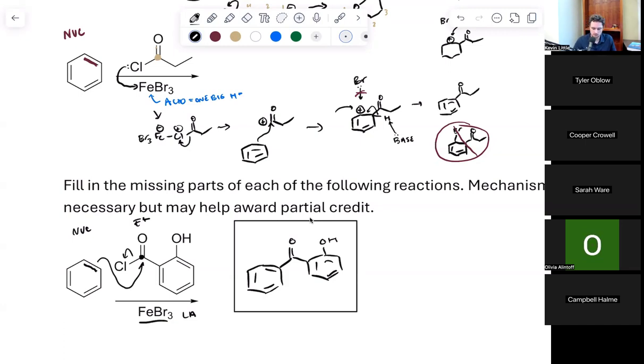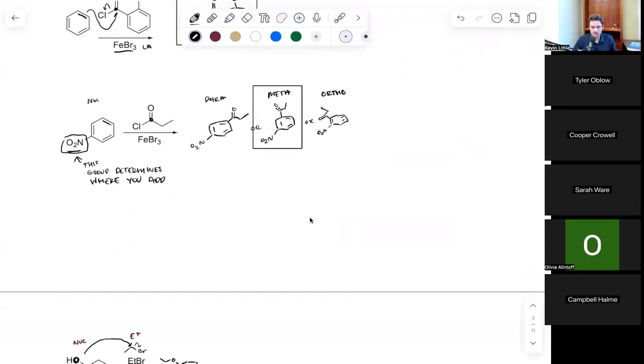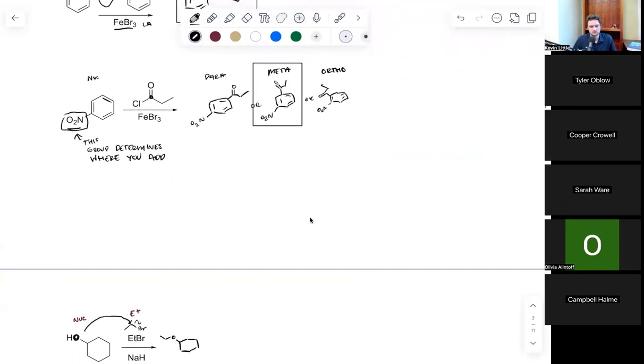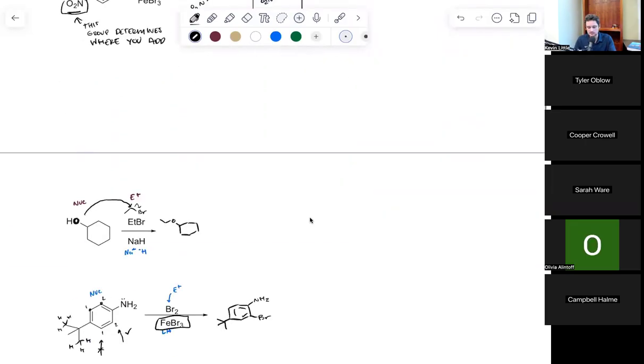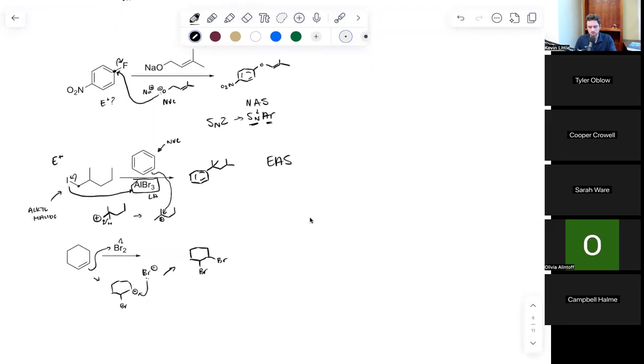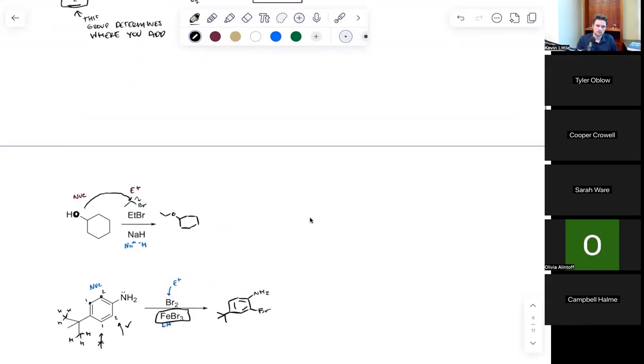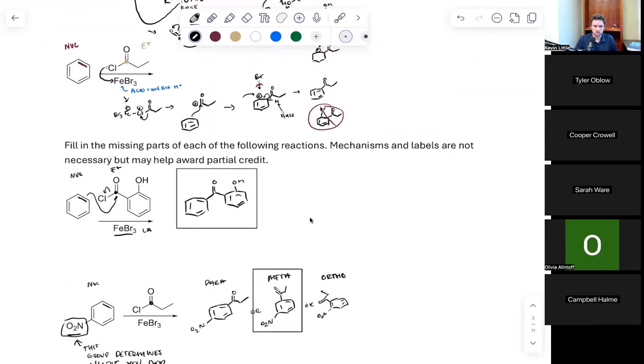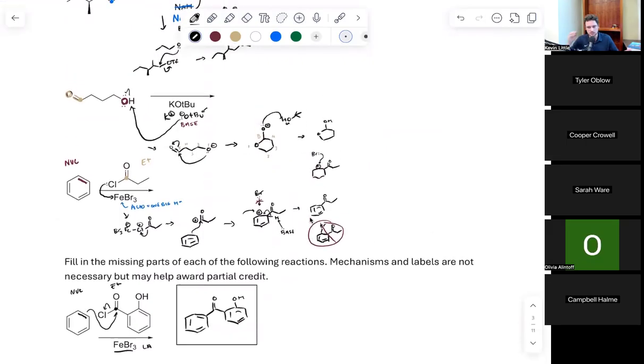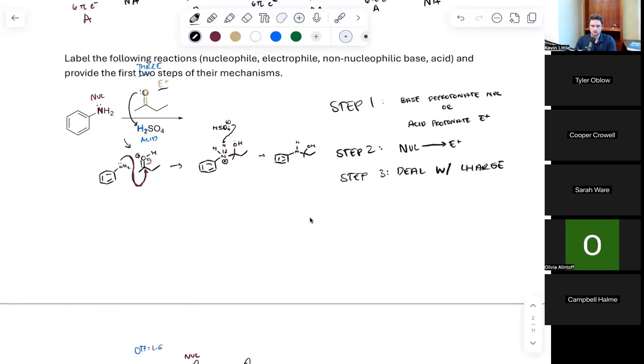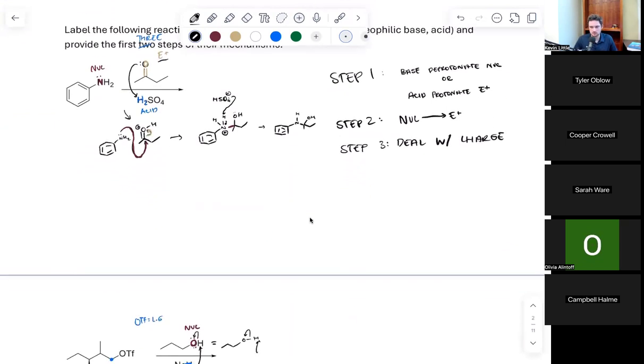But right now, what I care about on this test is EAS, NAS, nucleophilic aromatic substitution and electrophilic aromatic substitution, differentiating that from a regular SN2, seeing hydride or methyl shifts, and being familiar with addition reactions. And then there's going to be a lot of arrow pushing and NMR problem solving.